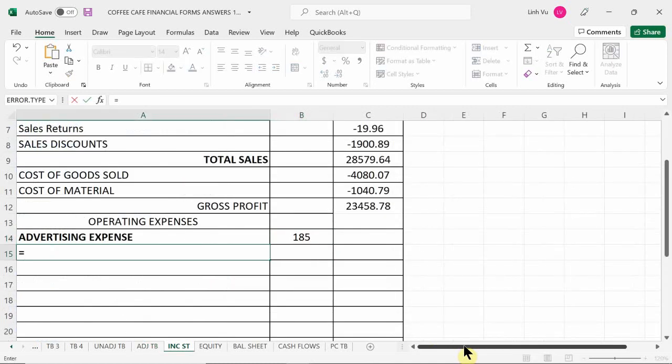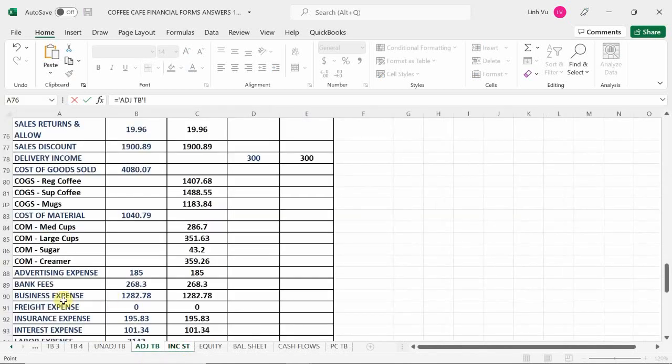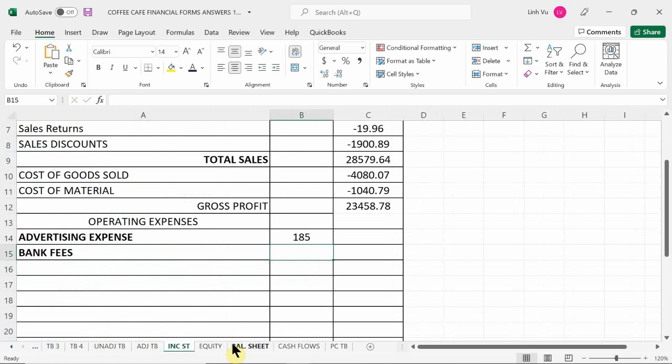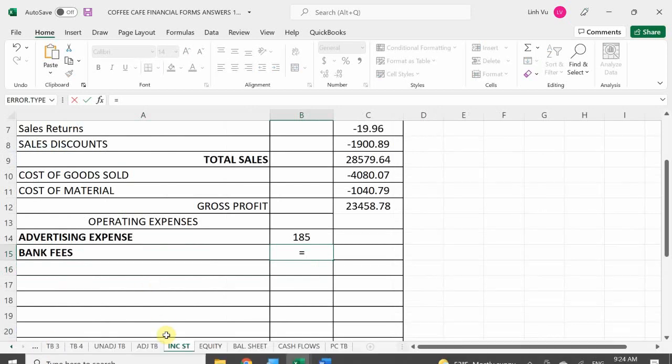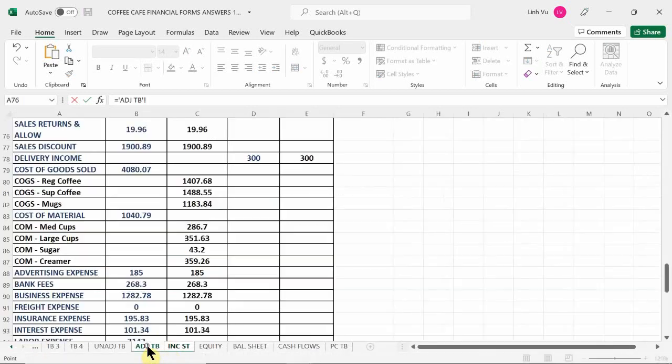Okay. The next account that we're looking at is going to be your bank fees. Bank fees cost me a total of $68.30.